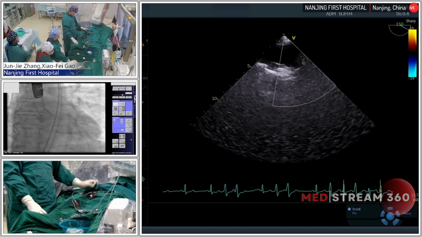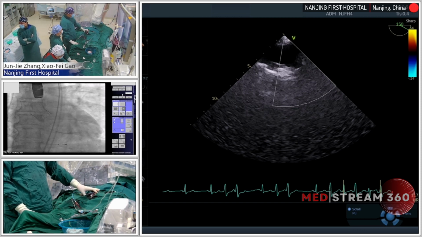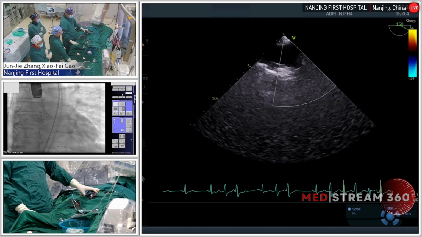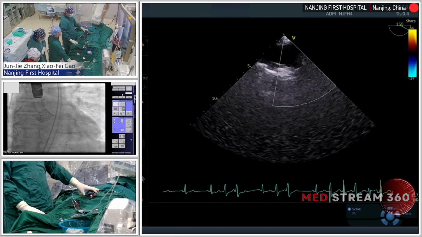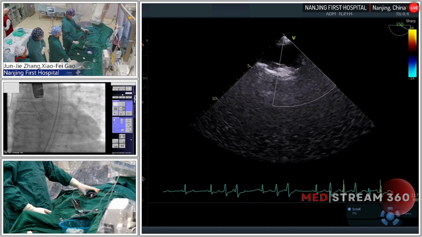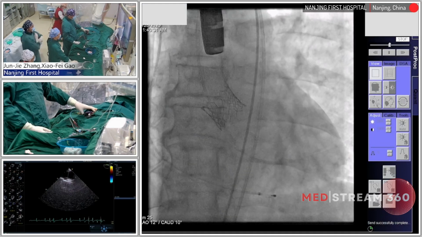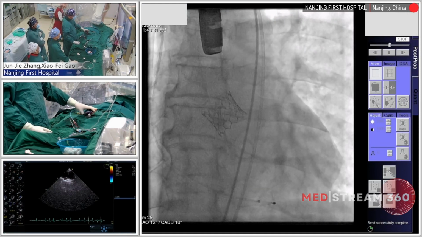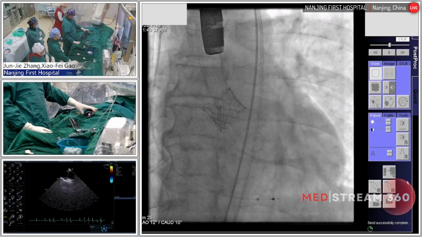Please, my anesthesia colleague, lower the pressure a little for this patient. Finally, I think it's a good result after Sapien 3 implantation for this particular case. There is no PVR, and the maximum velocity is only 1.3 meters per second. The mean gradient is only 3 millimeters of mercury. It's a perfect result without injury to the coronary access.